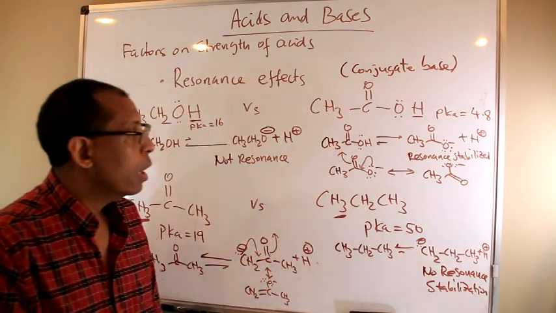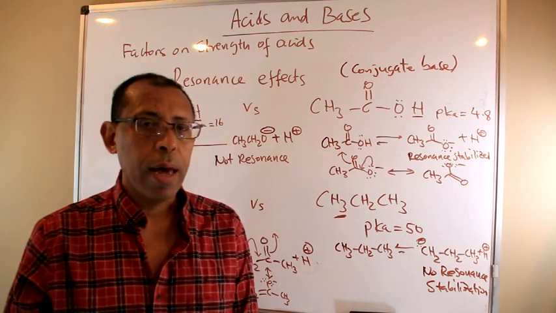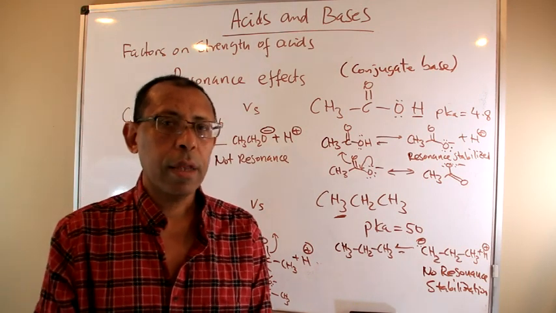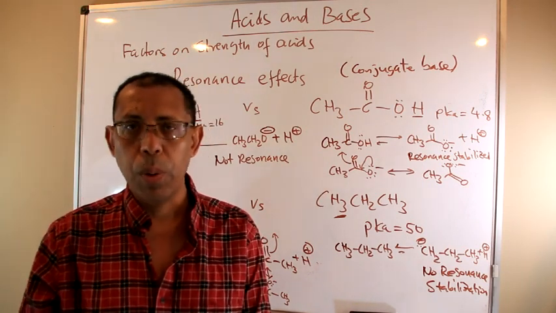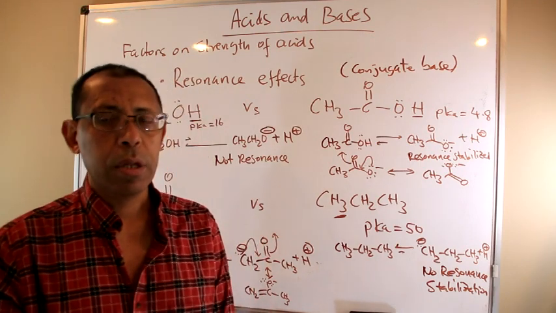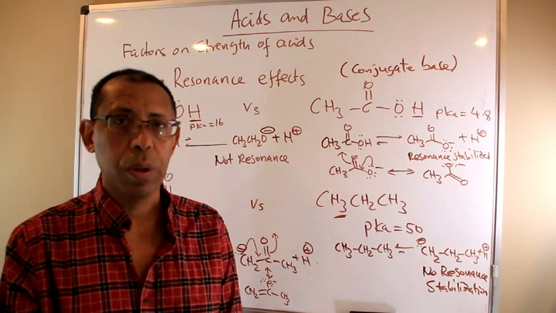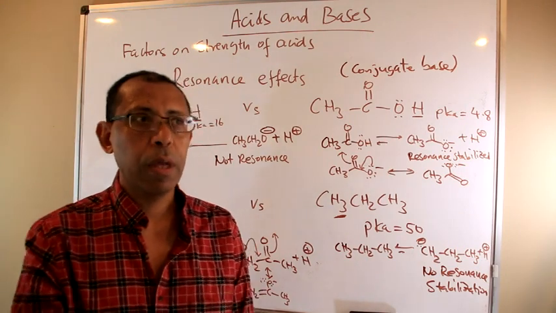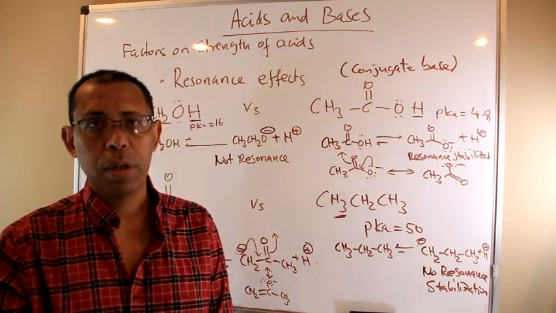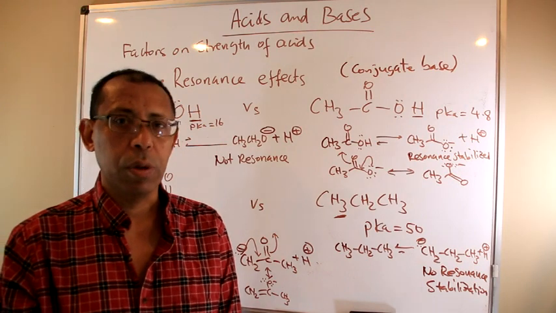Therefore, in summary, any organic acid for which you can write a resonance structure for the conjugate base is more acidic than the one for which you cannot. So if something has more resonance structures, that would be the more acidic one.